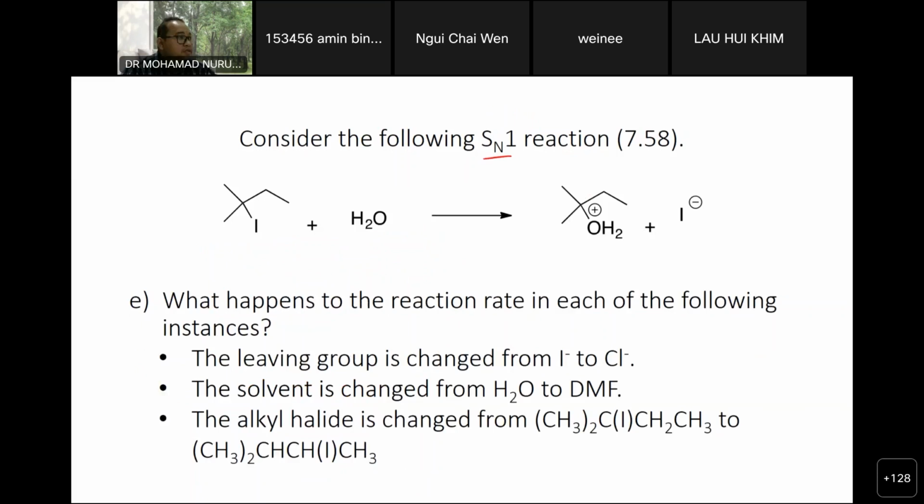Okay, considering the following SN1 reactions, similar questions but actually different. What happens to the reaction rate in each of the following instances? The first one, the leaving group is changed from iodine to chlorine. What is the answer? I'm waiting for the checkbox.